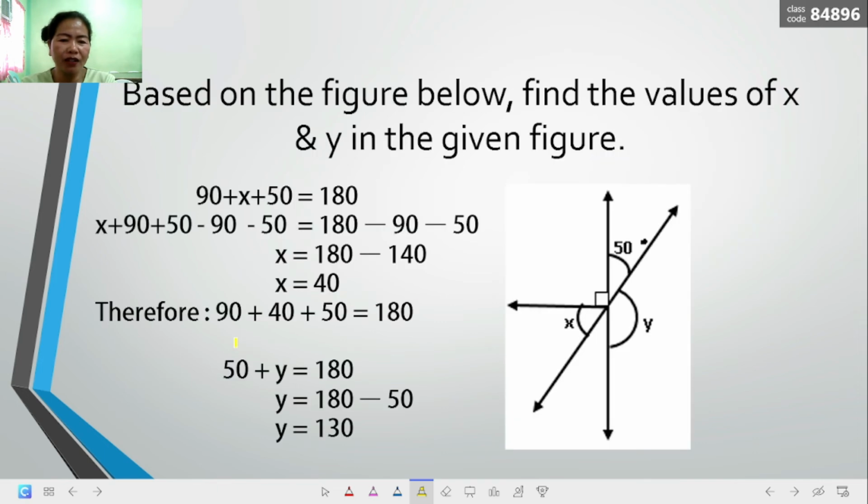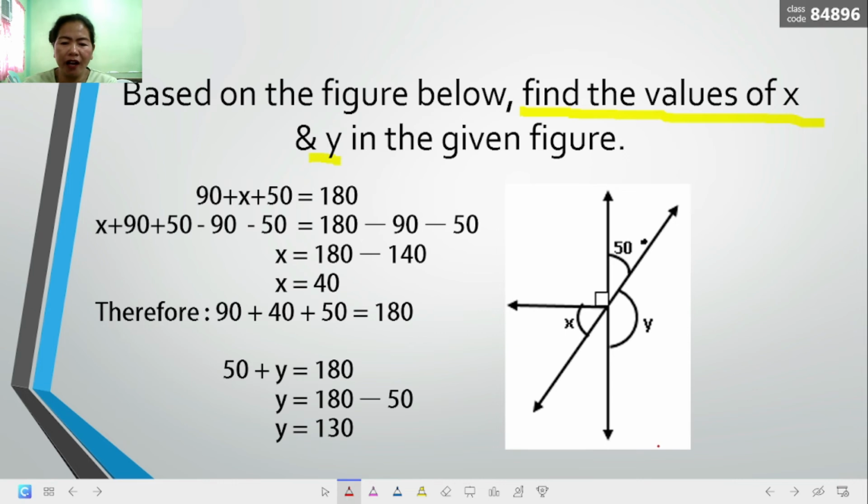Based on the figure below, find the values of x and y in the given figure. So aside from identifying whether they are adjacent or vertical angles, we will also solve the values of unknown angles. Let us try looking at the figure. How many angles do we have here?